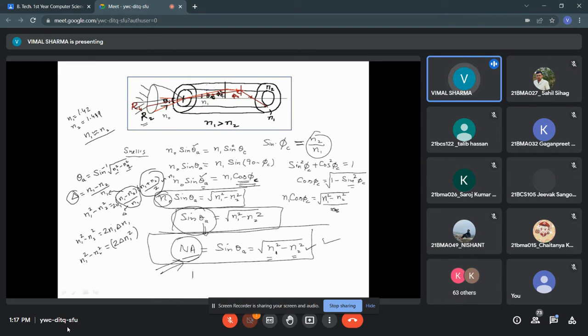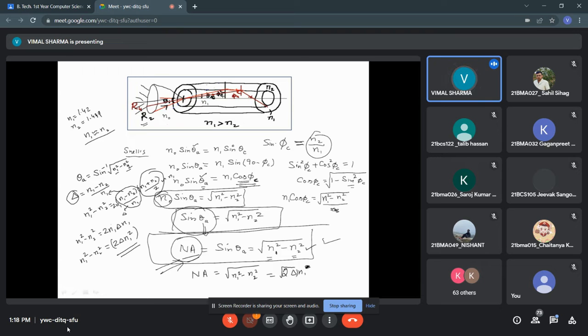So now I can write the numerical aperture. This is under root n1 square minus n2 square, which we have written in terms of fractional refractive index change. So I can write it as 2 delta under root of this. Under root of this will make it under root, and this will go.